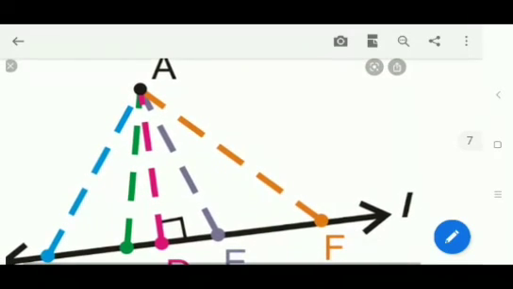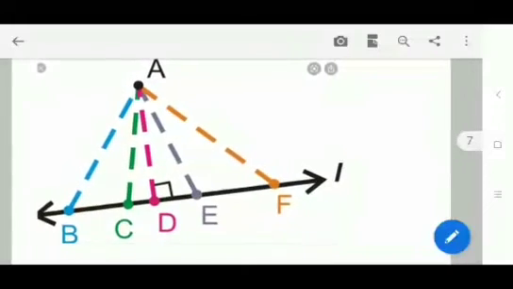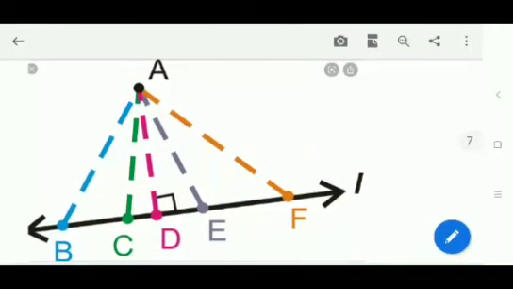Next, we did how to find the distance of a point from a line. Look at the figure. Point A is outside line L. Now, if you want to find the distance of point A from line L, in this given figure, I have drawn various distances: AB, AC, AD, AE and AF.